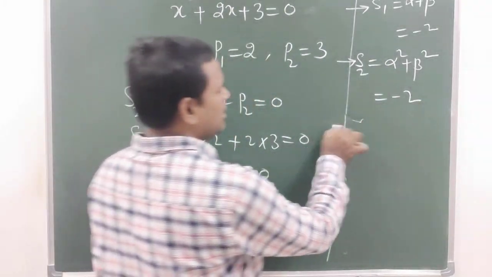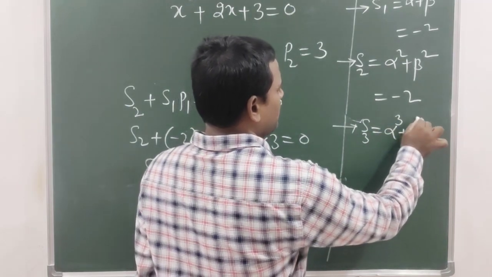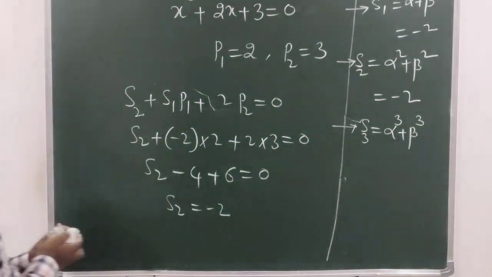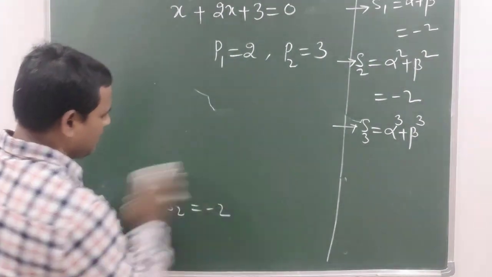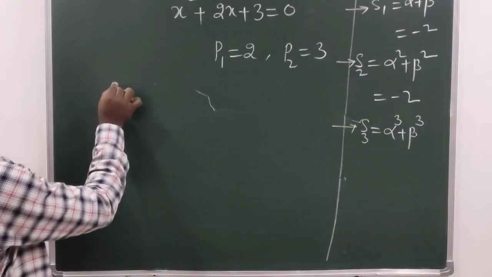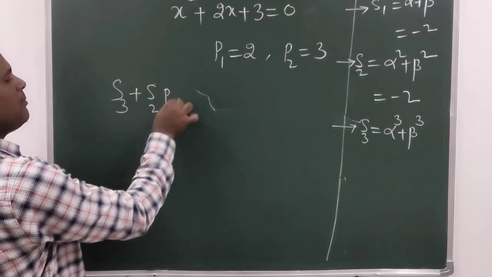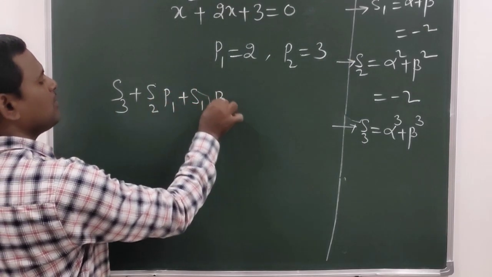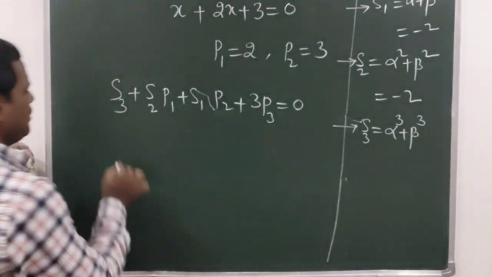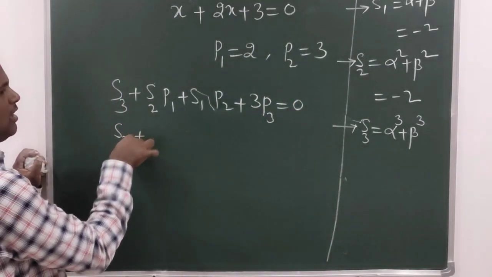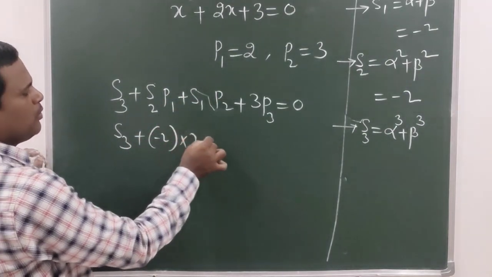Now let us go to S3. S3 means alpha cube plus beta cube. To find S3, we have to consider the third step: S3 plus S2 P1 plus S1 P2 plus 3P3, which is equal to 0. Now S3, plus S2 we got minus 2, and P1 is 2.